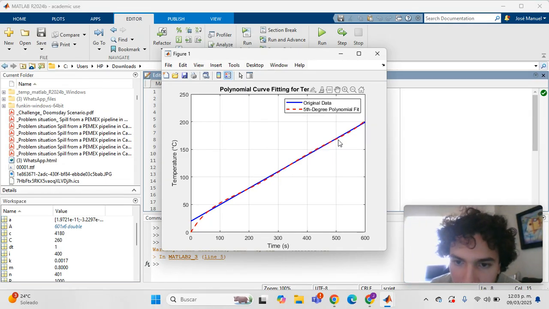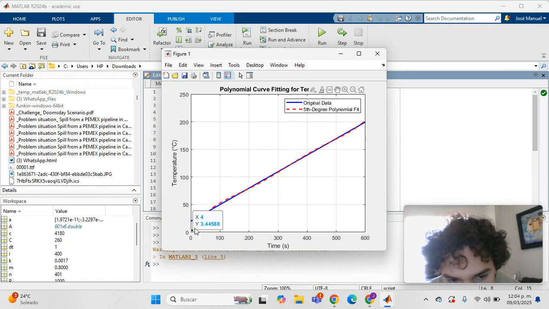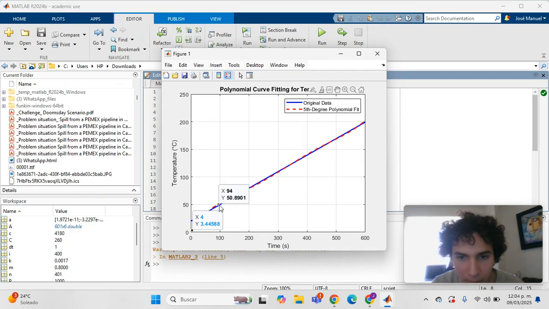And over here we have the red dotted one, which is the new one, the 5th degree polynomial, and we can see right here this doesn't really match with the blue line all the way until here.